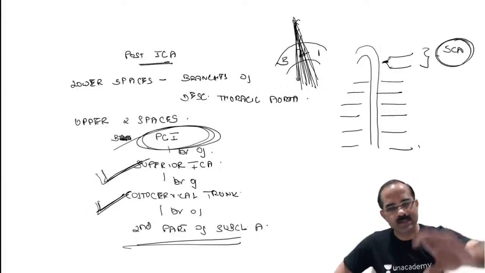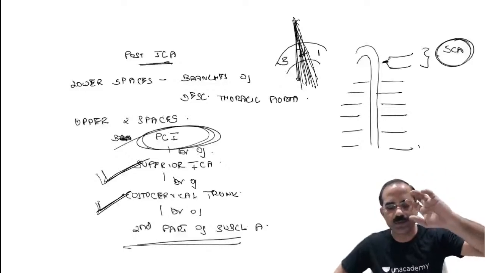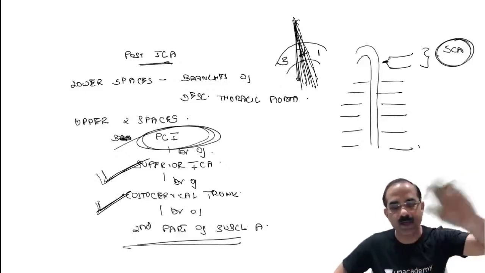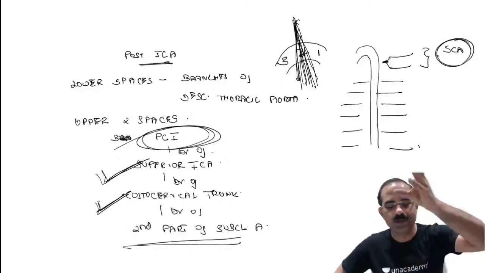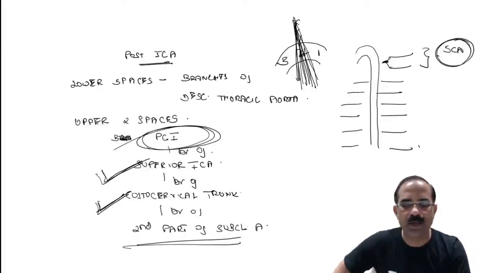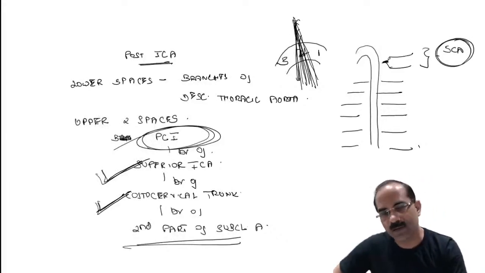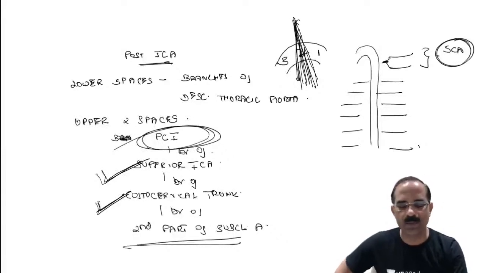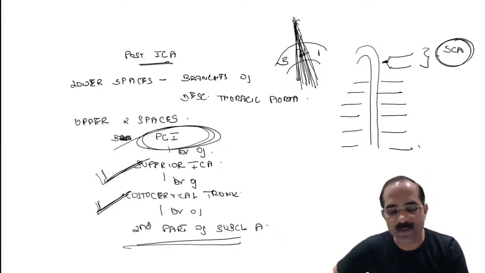You tell me, जैसे subclavian artery is divided into three parts by the scalenus anterior, any other artery divided into similar three parts? Yes, students, बोलो. One, axillary artery.